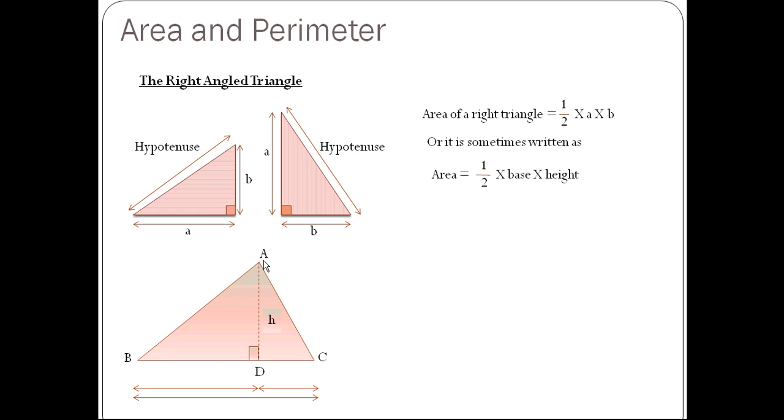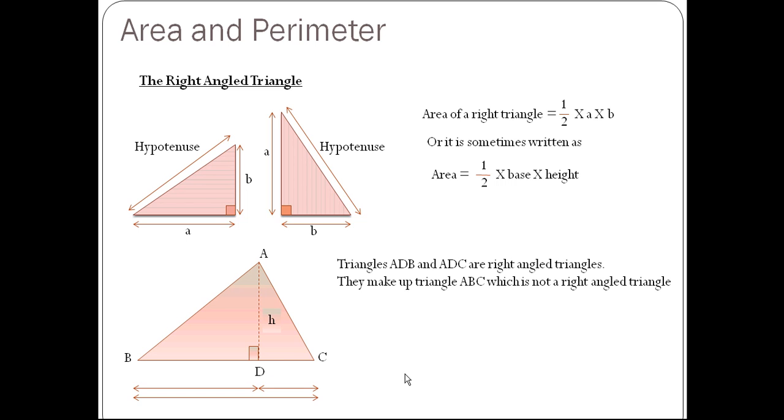I have partitioned this ABC triangle into two right-angled triangles by drawing a perpendicular from the vertex A to the floor of triangle ABC. So here I'm just explaining what I did.